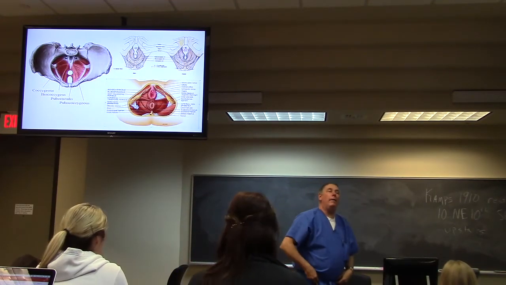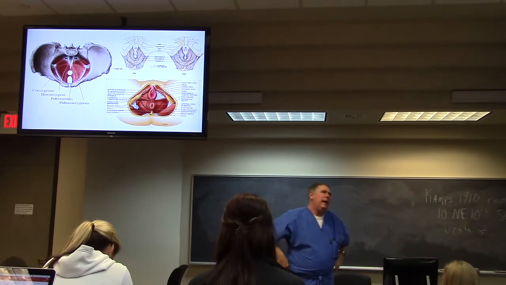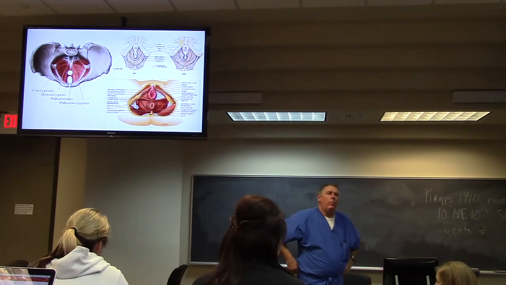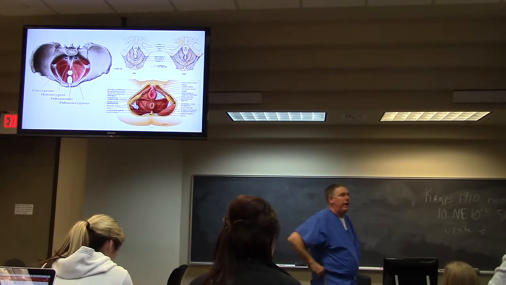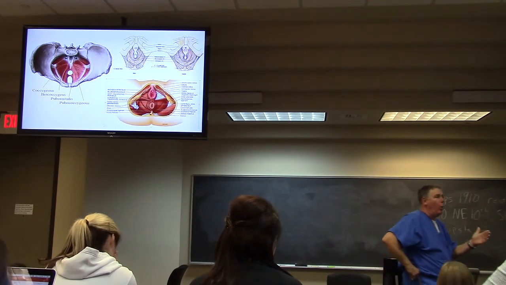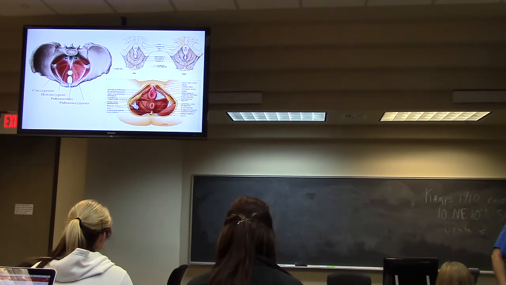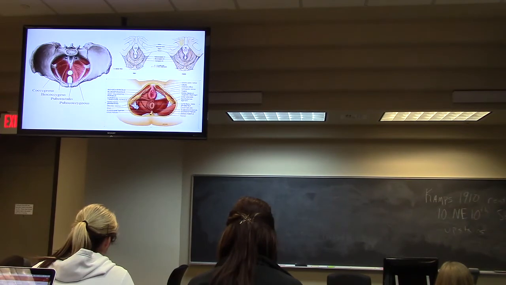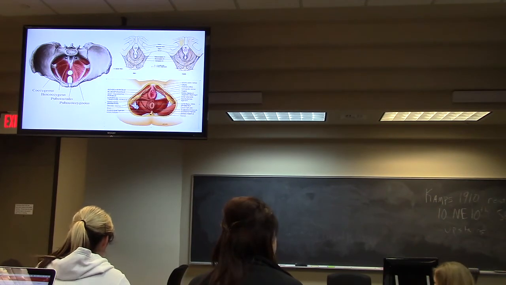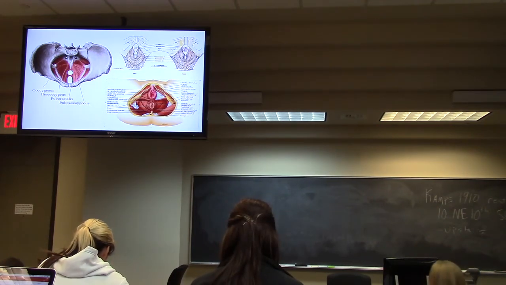All right, so the problem with the pelvic diaphragm is, well, not the problem, actually it's a good thing that the pelvic diaphragm has holes in it, because you have stuff on the inside that needs to come on the outside. You can see the different male and female anatomies over here. The illustration down here shows you the different pieces and parts.